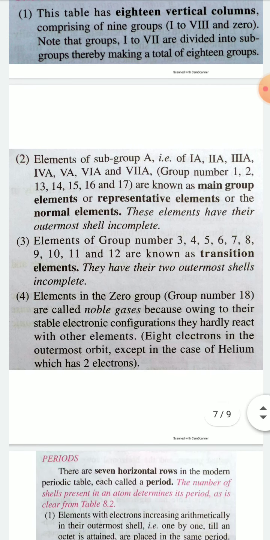The elements in the zero group, that is group 18, are called noble gases because of their stable electronic configuration, which is generally 8 electrons in the valence shell of the element. As noble gases have stable electronic configuration, they are non-reactive elements.